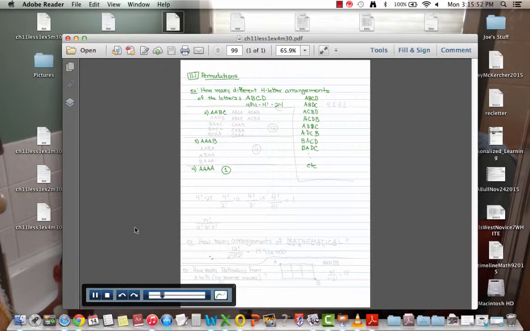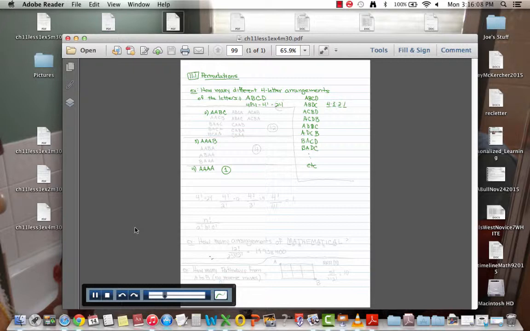Etc. So I won't spend all your time writing down all the arrangements of A, B, C, D, but you can believe that you've got 4 spaces. For the first space you have 4 letters that could go there. Once you've used one you're down to 3, then 2, then 1. So 4 factorial or 4P4 equals 24.